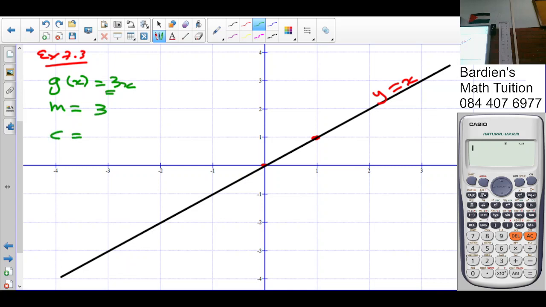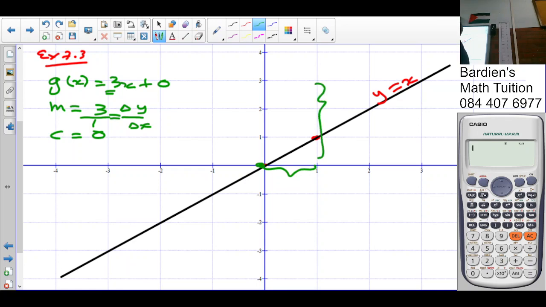What's your c value? c is 0, which is also your y-intercept. So it cuts your y-axis at 0. So for your gradient, it's change in y over change in x. So the rise is 3 and your run is 1. So there's 1 and 3.